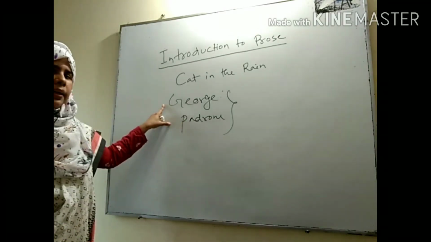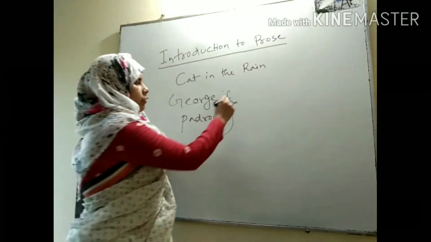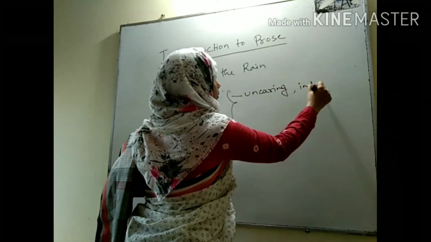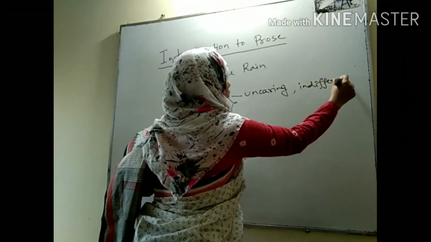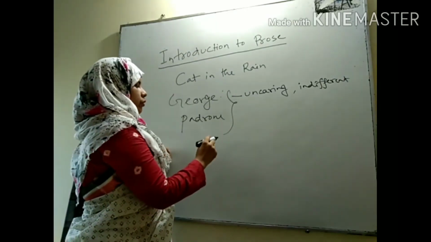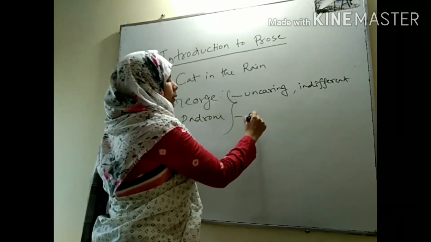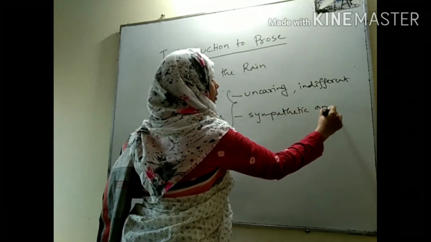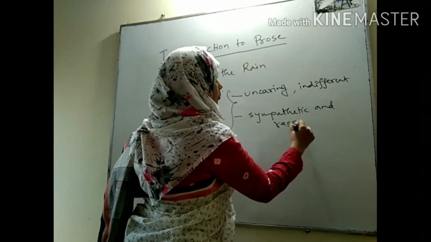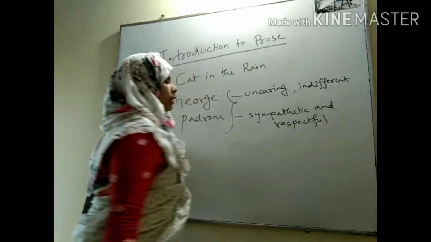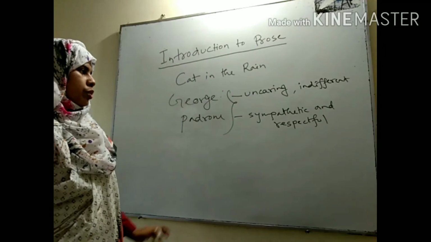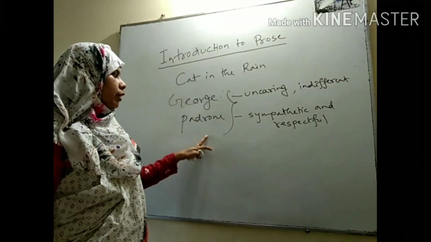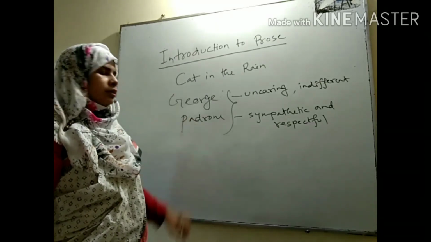George is totally uncaring, indifferent towards his wife. And Pedro is sympathetic and respectful towards the wife. Okay, so as a result, we see that the American wife really likes and respects Pedro.